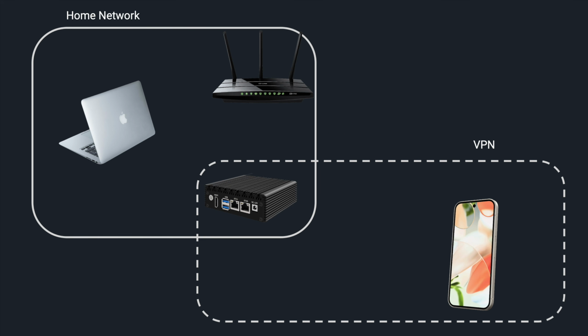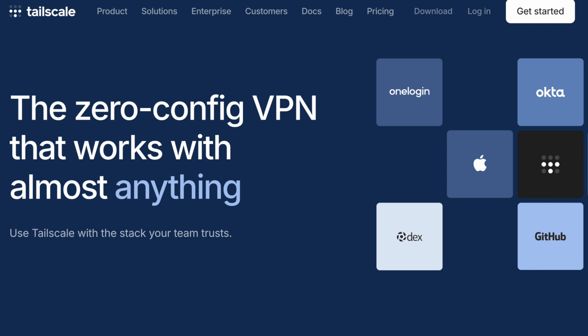Typically, when setting up a basic VPN, we need to configure each participating device with encryption keys, and we also need a server with a public IP address to manage the connections. Tailscale simplifies all of this by handling those details for you. It uses modern authentication solutions to identify devices and establish connections seamlessly.